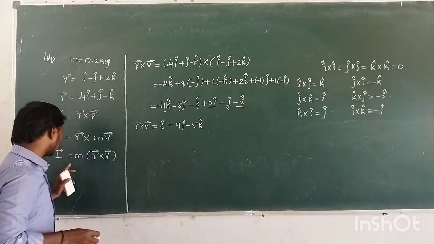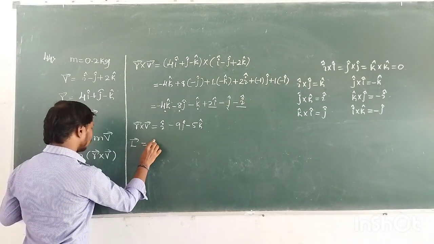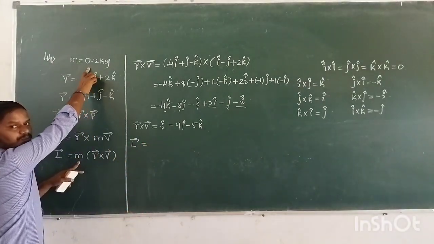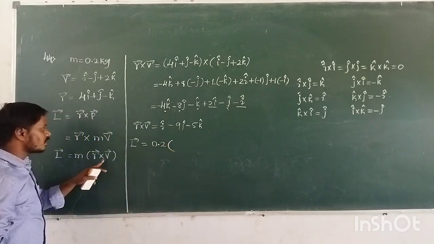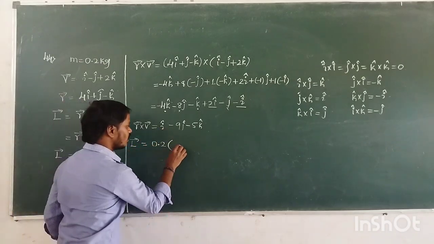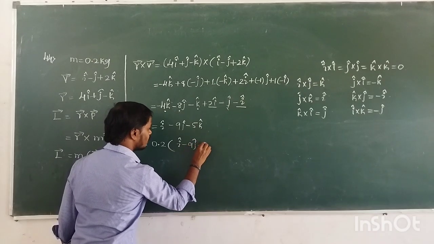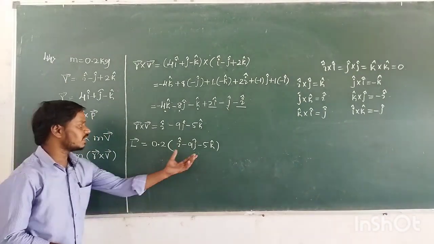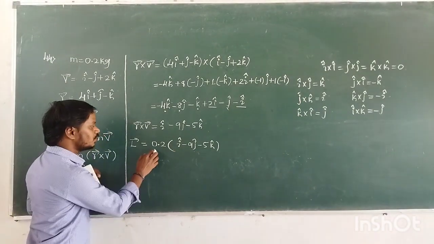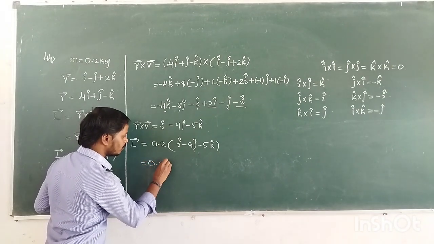Then from this equation, vector L is equal to m into r cross v, where m is 0.2. What about r cross v? i minus 9j minus 5k. Then multiplying this bracket with 0.2. 0.2 into 1, 0.2i.